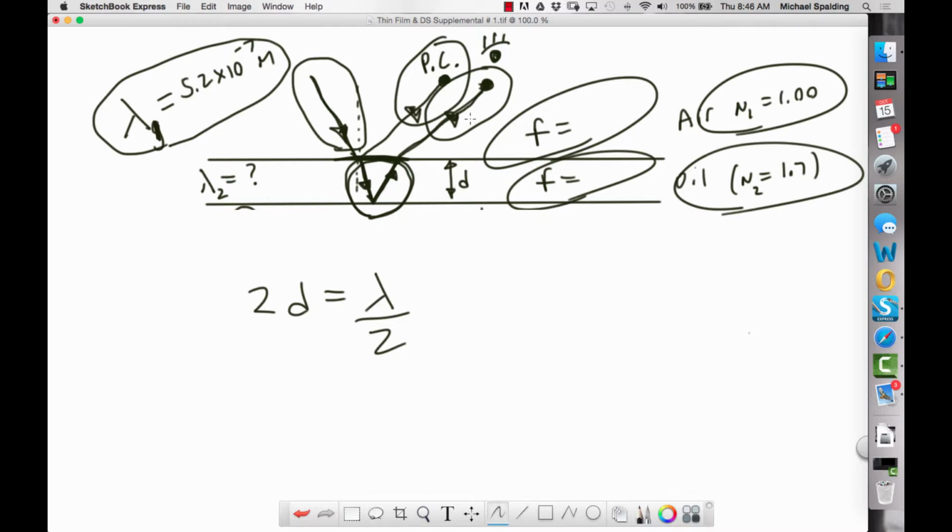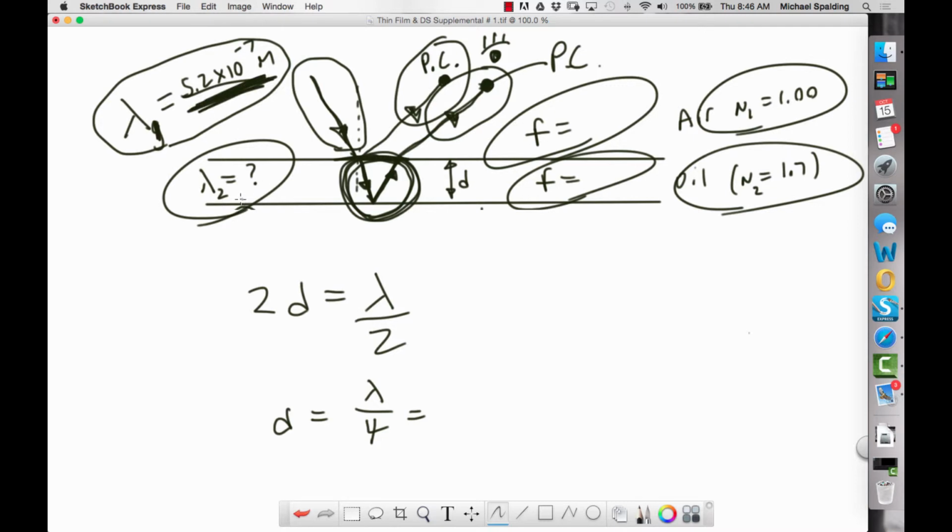So if we say the extra distance traveled is going to be equal to wavelength over 2, that's the equivalent of giving this ray a phase change. So then they both had a phase change, which means that they will be together. So now we can solve for D. D works out to be lambda over 4. So we take the wavelength in the film, not this wavelength, right?